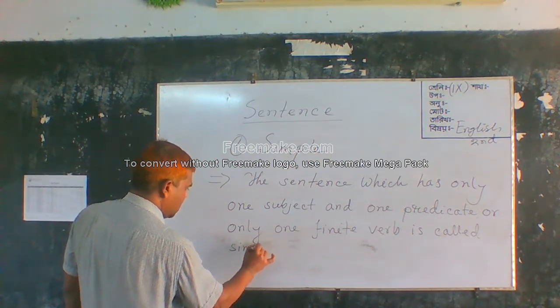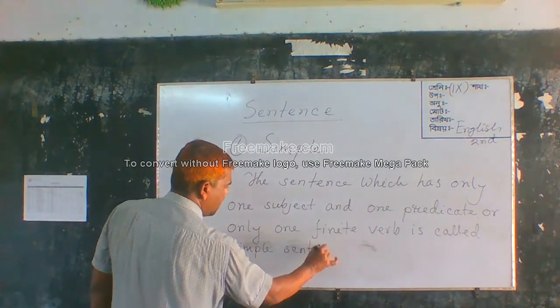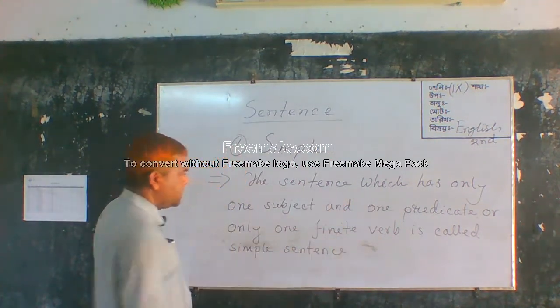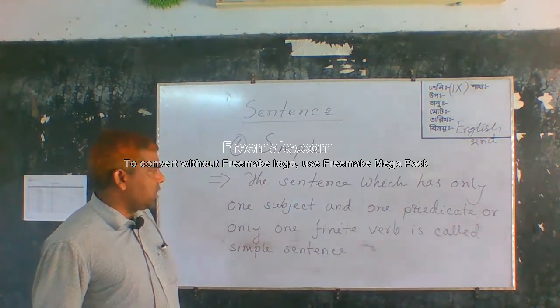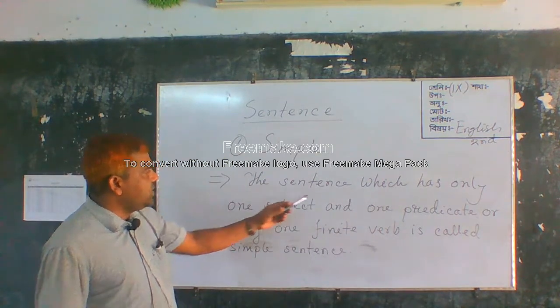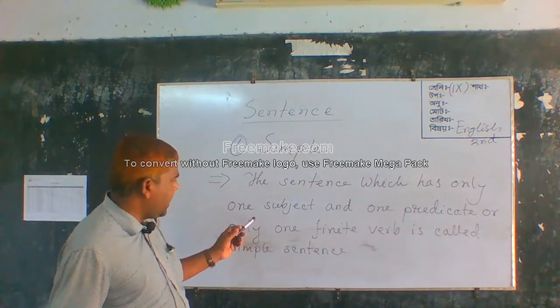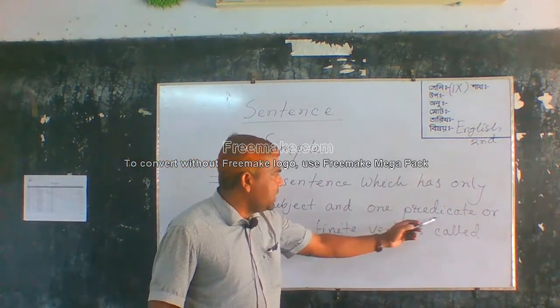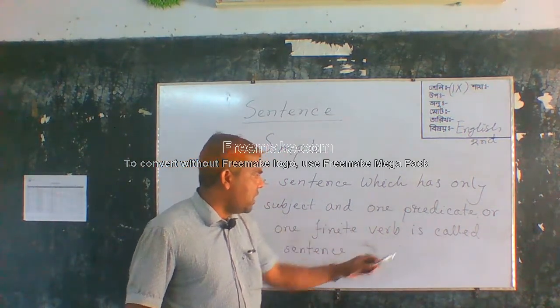Dear learners, write down in your khata very carefully. The sentence which has only one subject and one predicate or only one finite verb is called simple sentence.